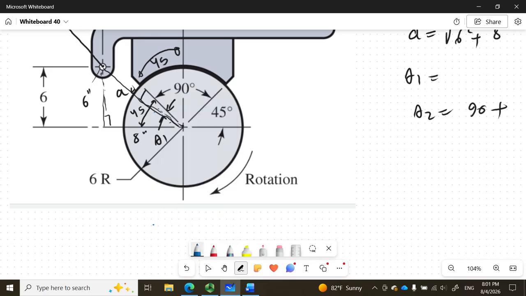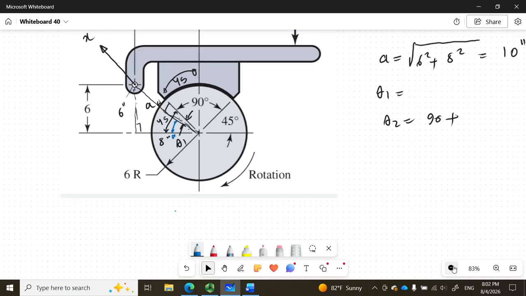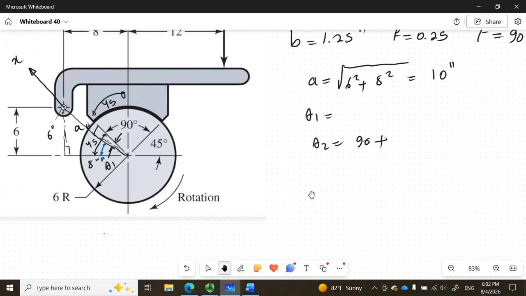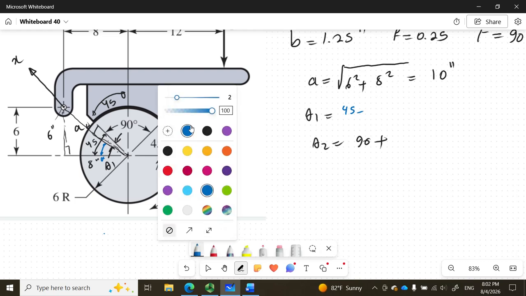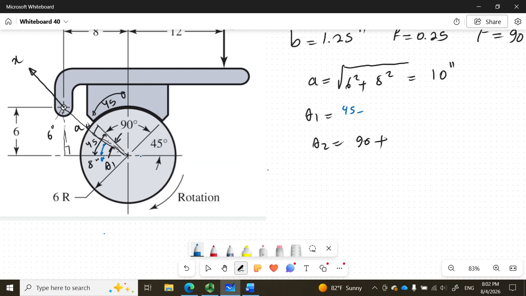This angle, this guy, if I call this angle alpha, then theta 1 is 45 minus alpha, right?